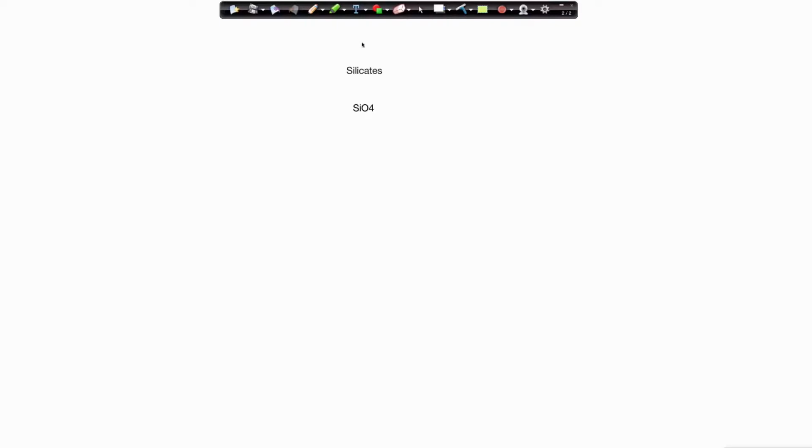And this actually is charged because if you balance it out, it's SiO4 4 minus. How we get this 4 minus is silicon has a charge of +4. Oxygen has a charge of -2. So we have a +4 and -2, but we have 4 oxygens.